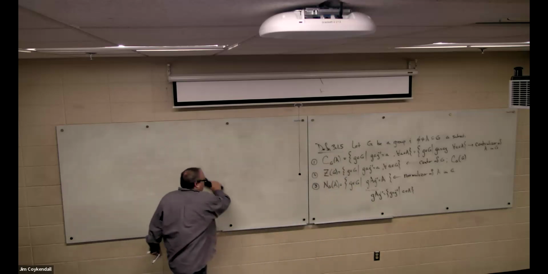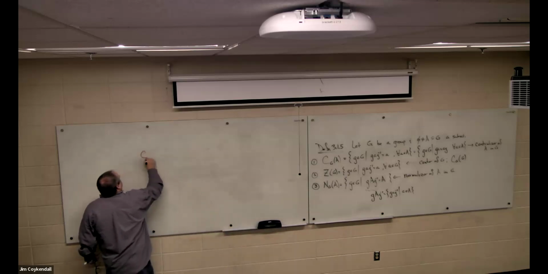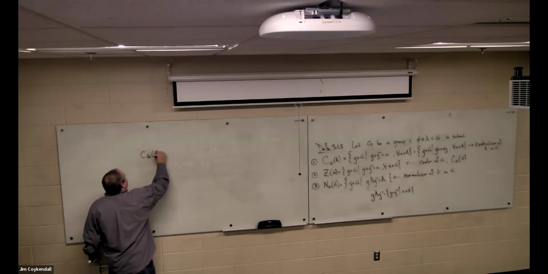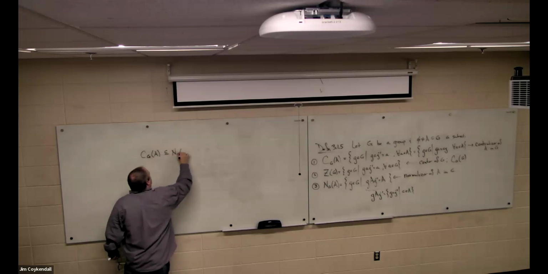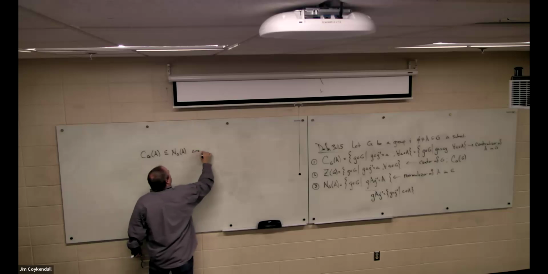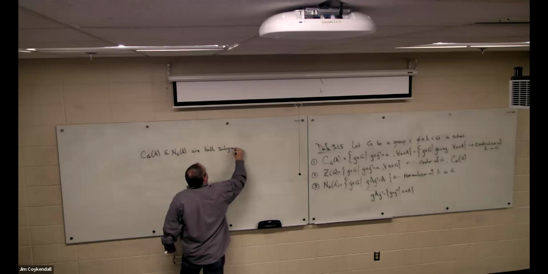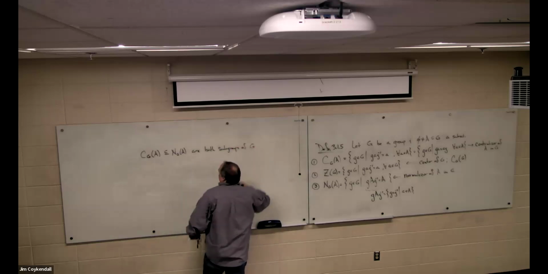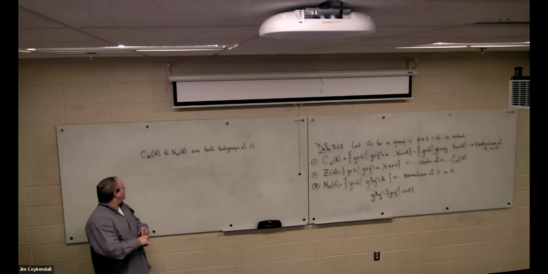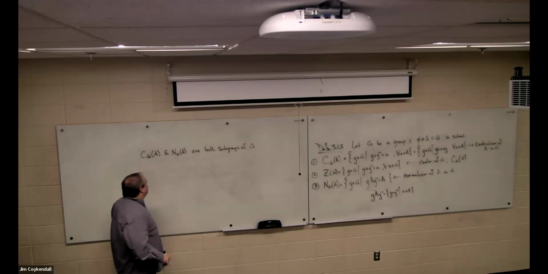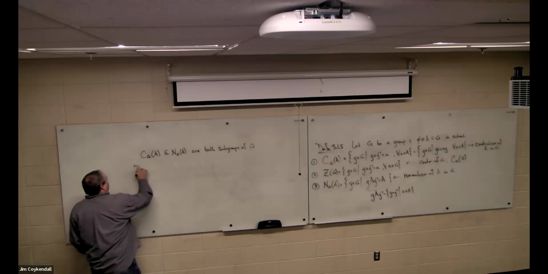It might be instructive to notice that the normalizer and C_G of A are both subgroups. Let me prove this for you.